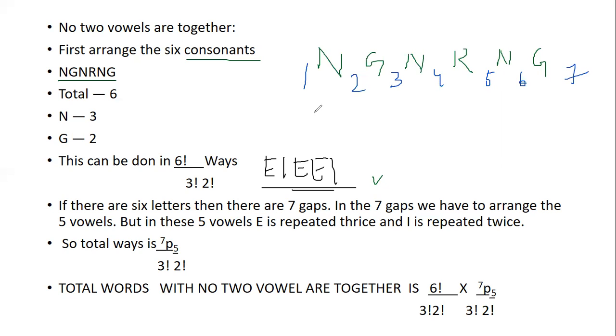So we have 7 places where we can fill 5 vowels. So I can write it as 7P5. Everybody understood till here?